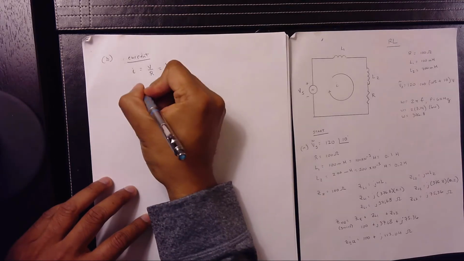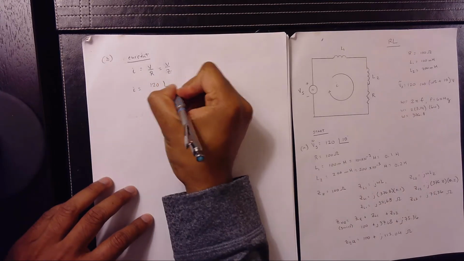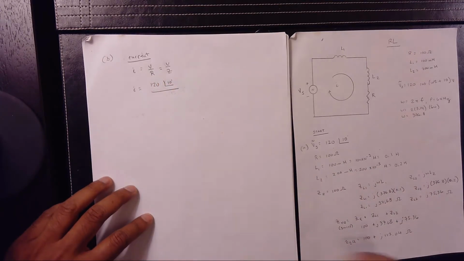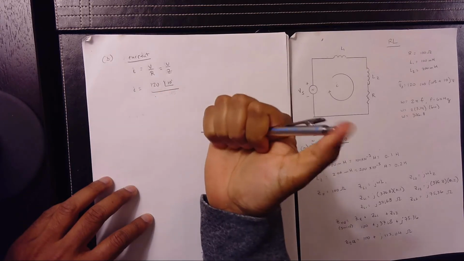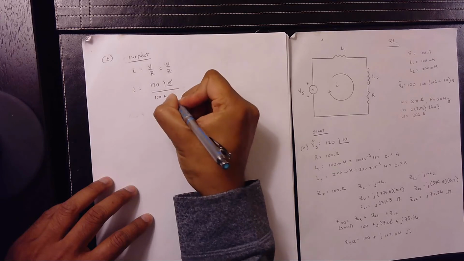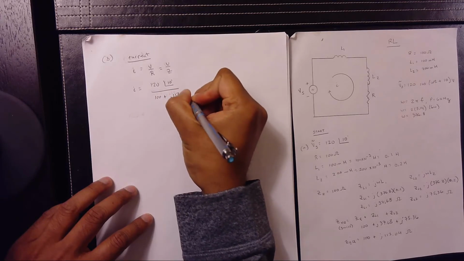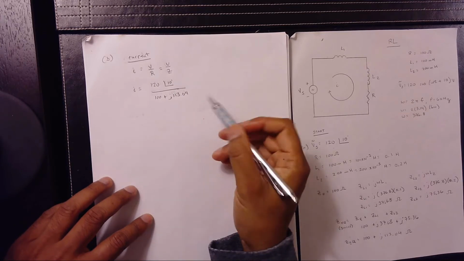So I is equal to V, which is 120 at 10 degrees, divided by our Z, which is 100 plus J 113.04. Okay, so what we have is two different forms.